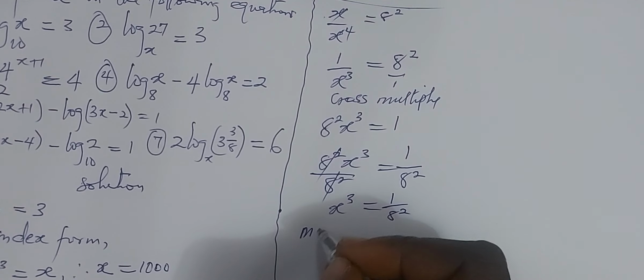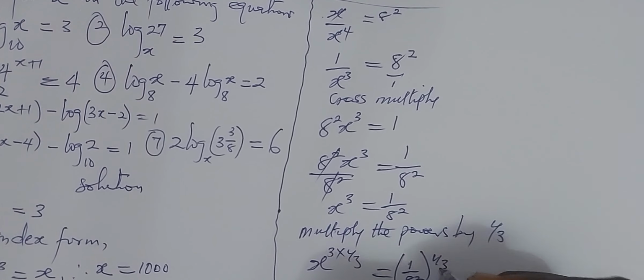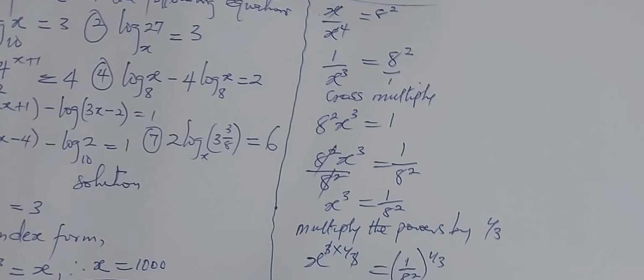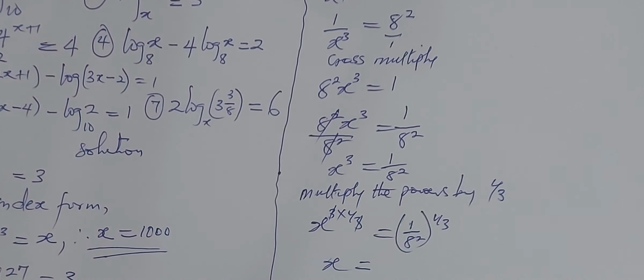So we have x raised to the power of 3 multiplied by 1 over 3 equals 1 over 8 square, everything multiplied by 1 over 3. This cancel this, and we have your x alone.